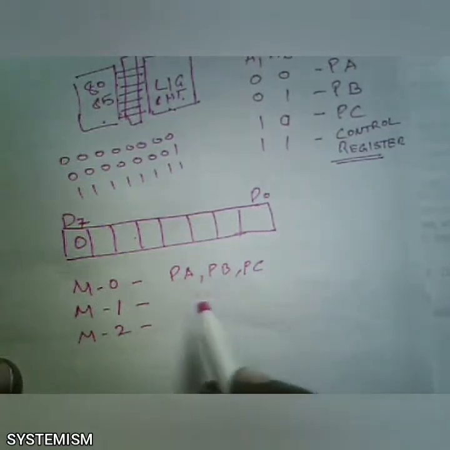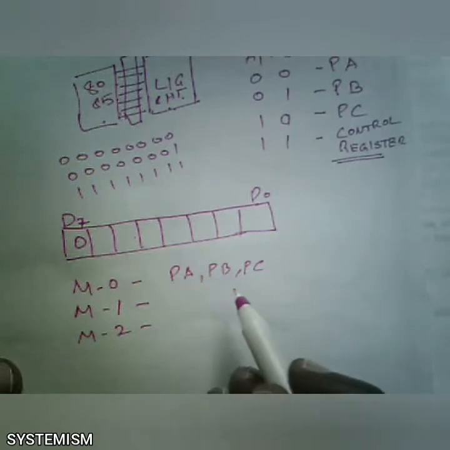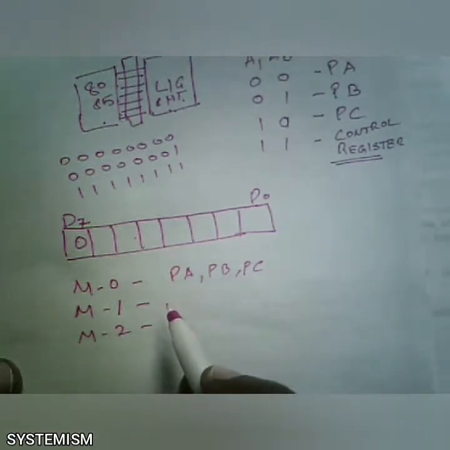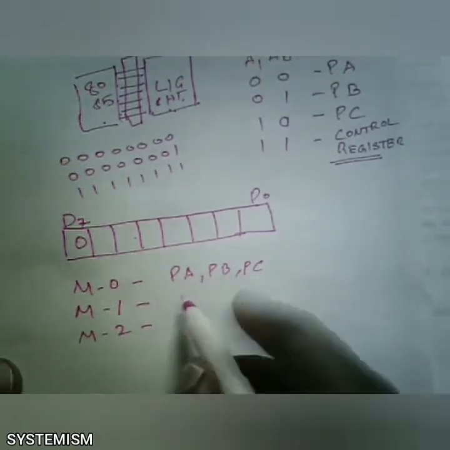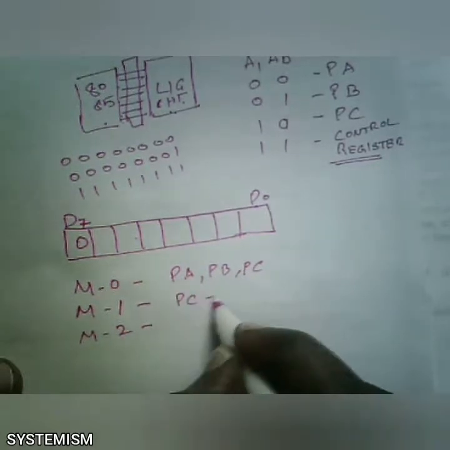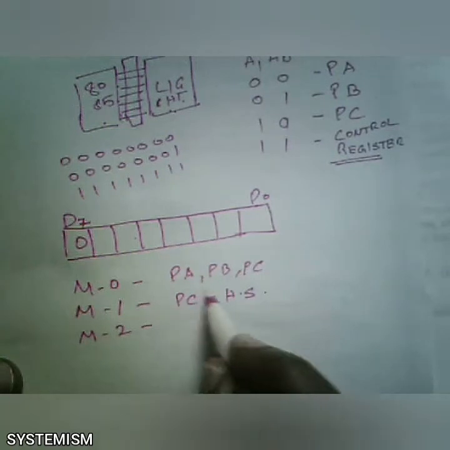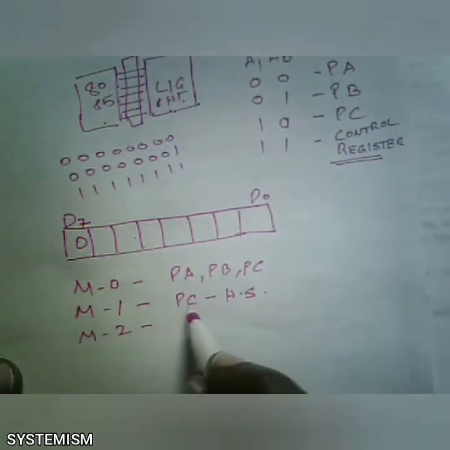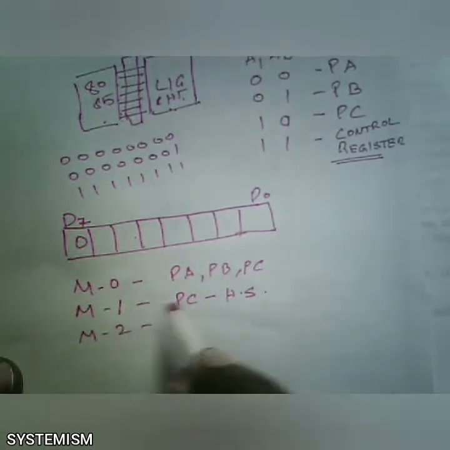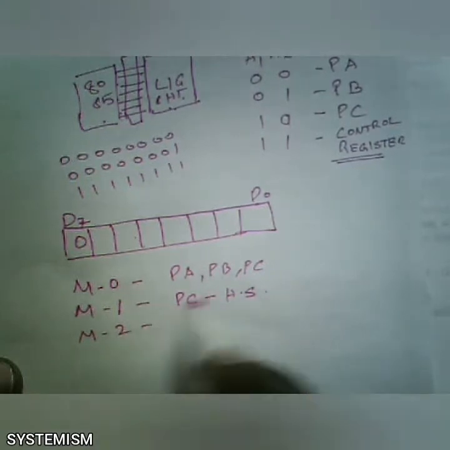There must be a mutual understanding between the IO device and the microprocessor. For this we will use port C for handshaking. So by means of this port C, the microprocessor and IO device will speak. Speak means what?